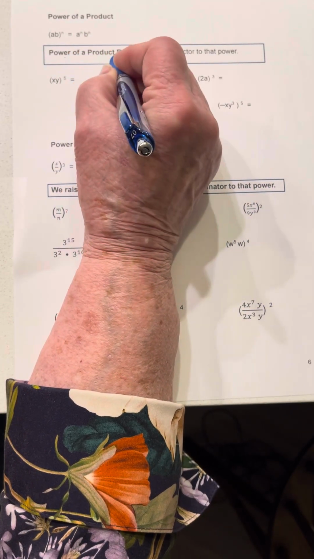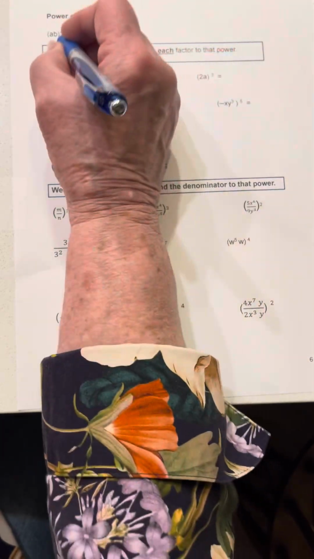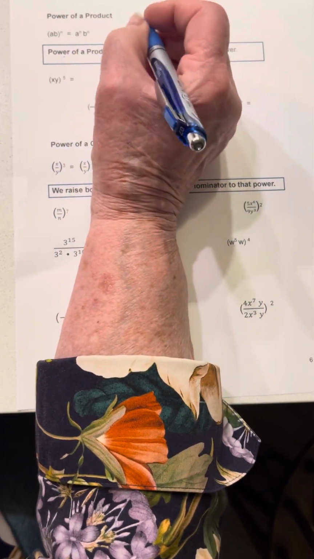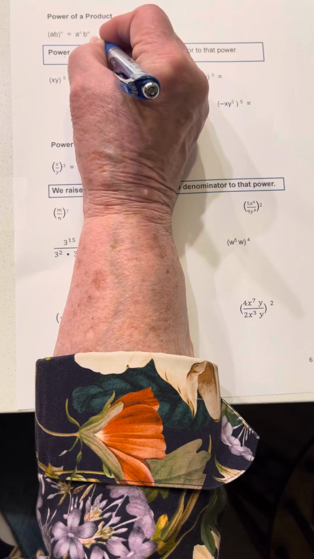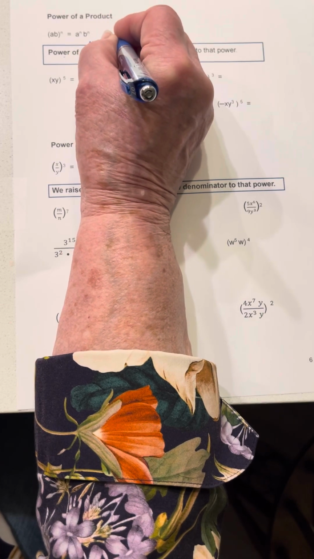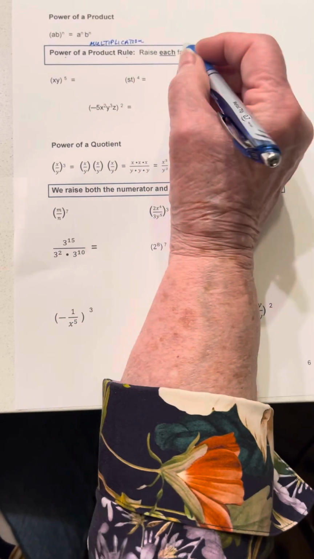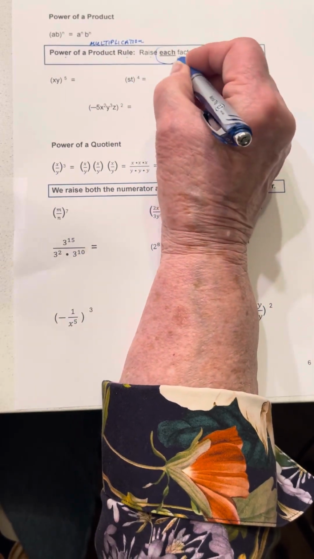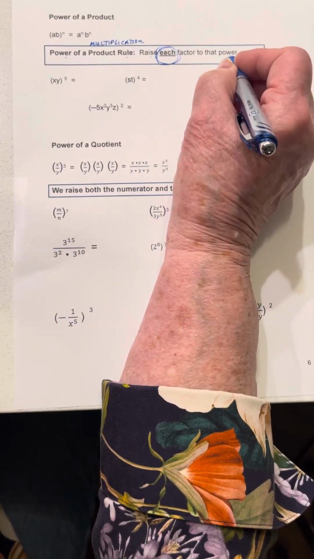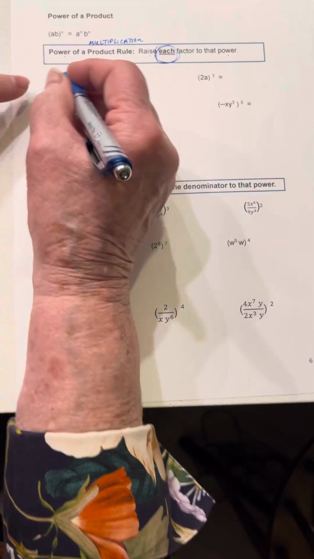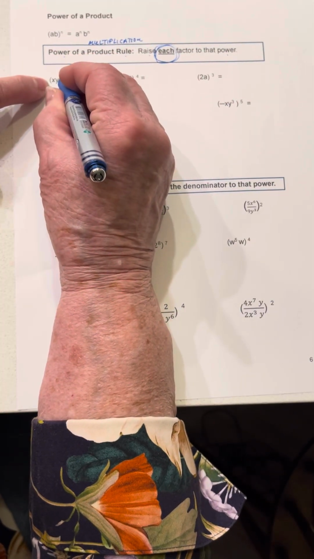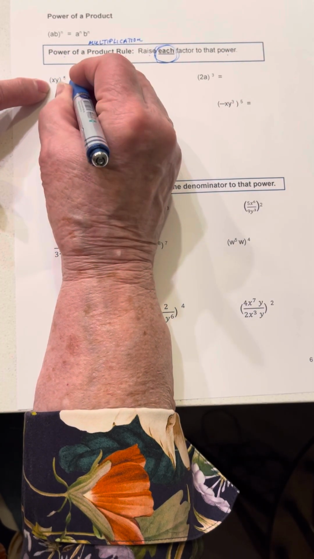The power of a product rule, remember product means that there's multiplication within some parentheses. We're going to raise each factor to that power. So we're really raising x to the fifth power and y to the fifth power.